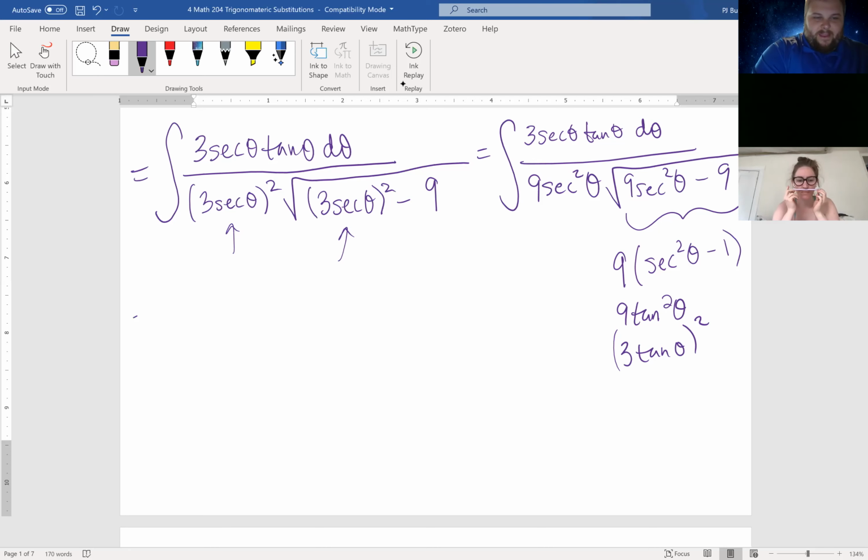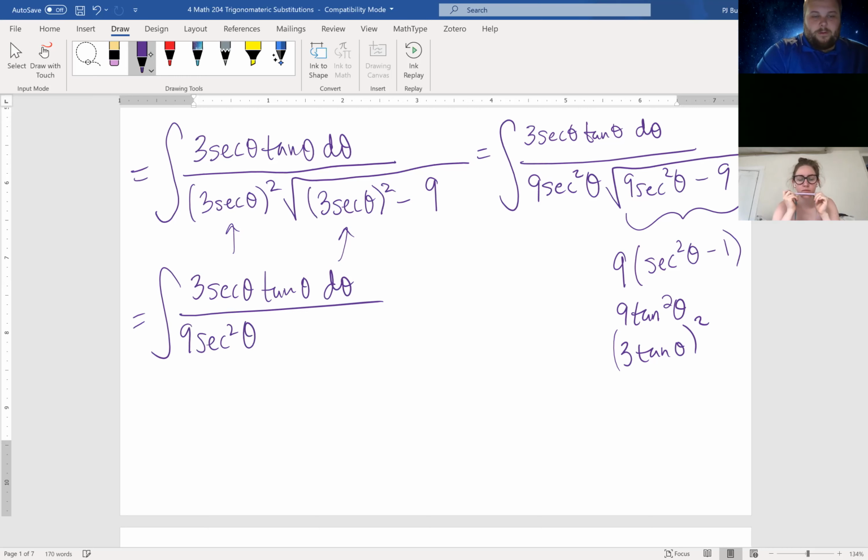So let's substitute that in now. So I've got 3 secant theta tan theta d theta, 9 secant squared, and then I have the square root of 3 tan theta squared.